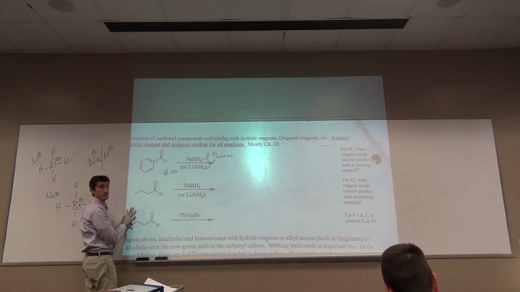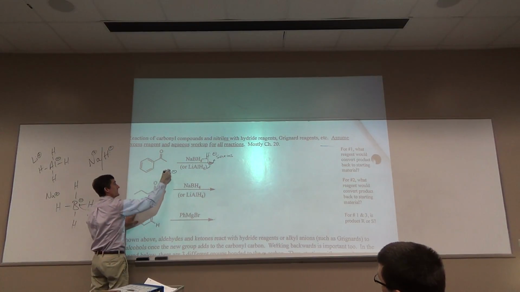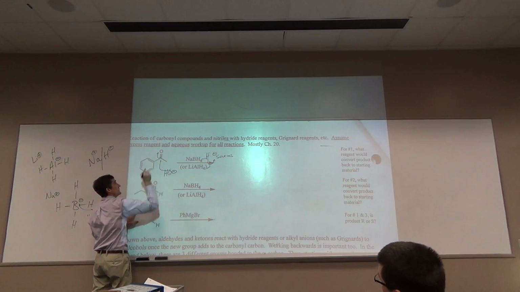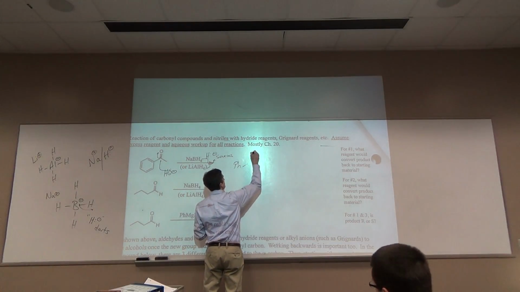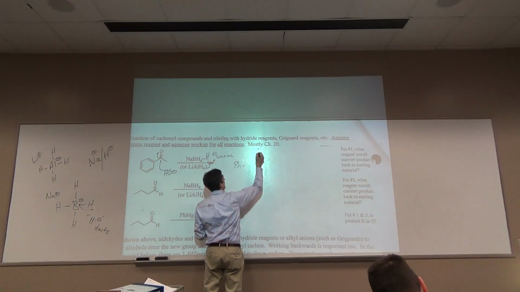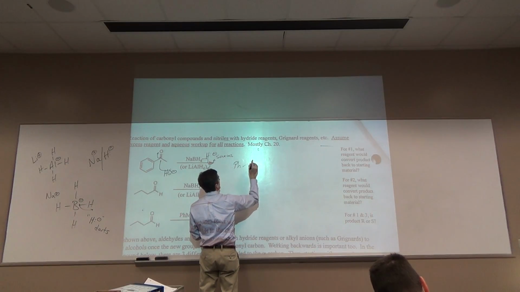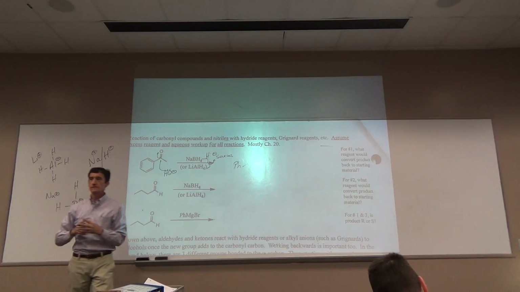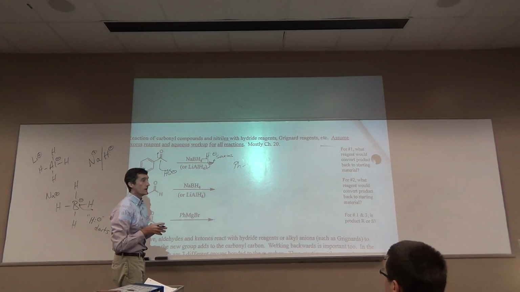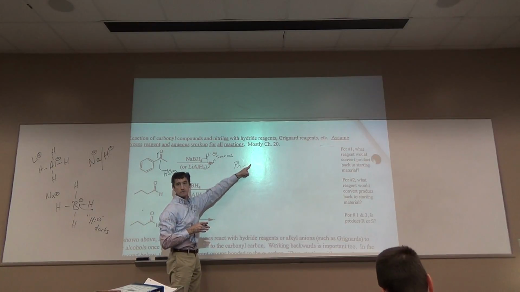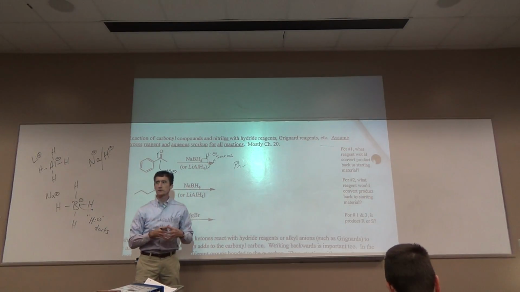What's it going to do? H minus can act as a nucleophile. Attack the carbonyl, electrons up. And we get what? We get that, with the H. Yeah, there's an H there. See it? I don't usually draw in H's. Do y'all draw in H's usually?